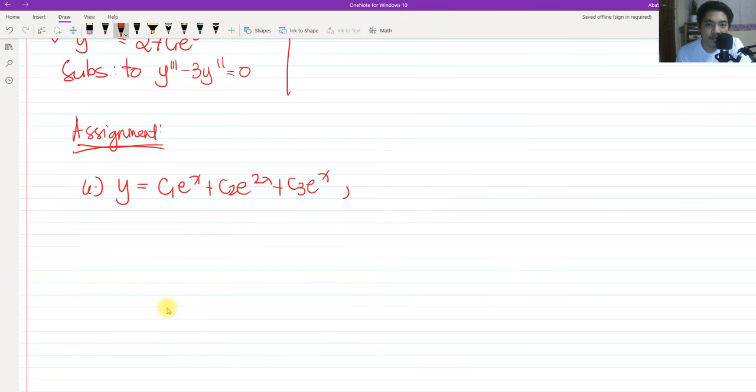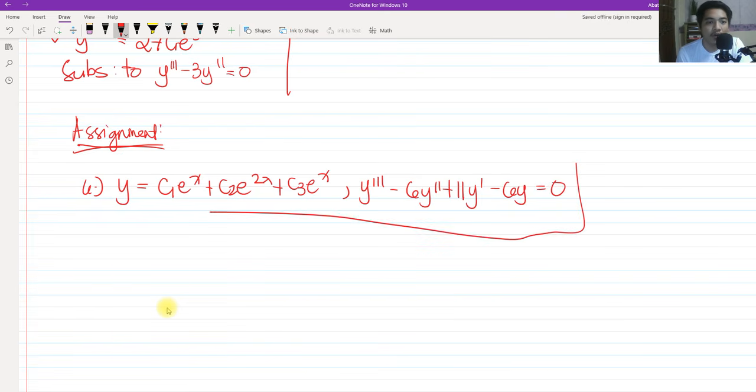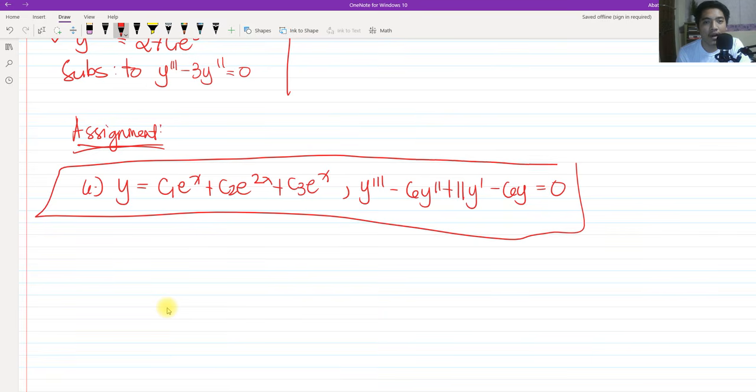Prove that it is a solution of y triple prime minus 6y double prime plus 11y prime minus 6y equals 0. So, is it a solution or not a solution?